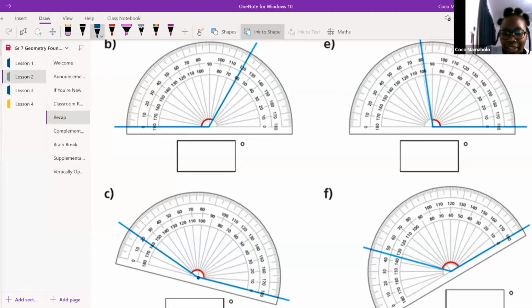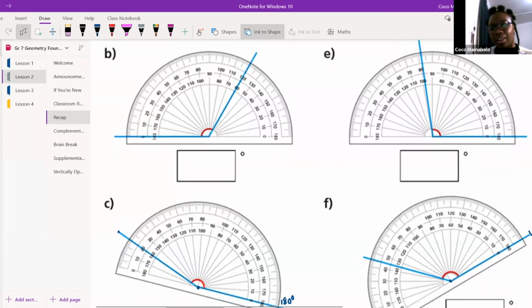And this angle over here still starts at 180 degrees. So we just need to go find what that line stops at. And this one as well. This one has moved. There's my vertex, but my line still starts at 180 degrees. So we are still able to measure the line even if it's at an angle.